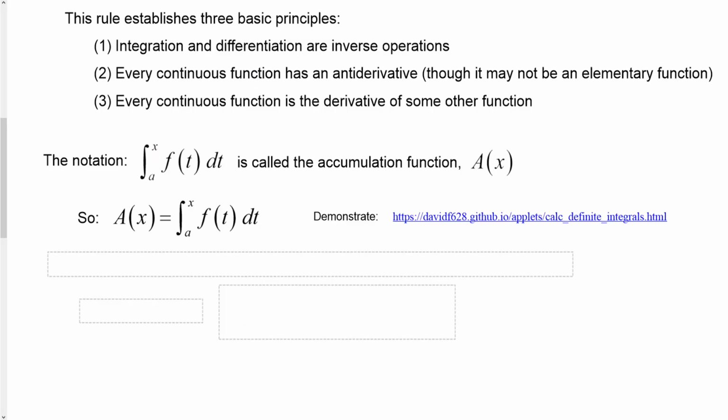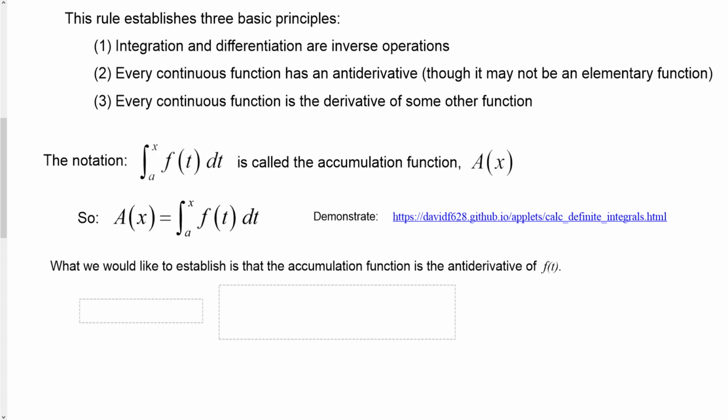Now, what we would like to establish is that the accumulation function is the antiderivative of f of t. Because if the accumulation function is the antiderivative of f of t, then the accumulation function and f of x are inverses of each other, or inverse operations to get to them.